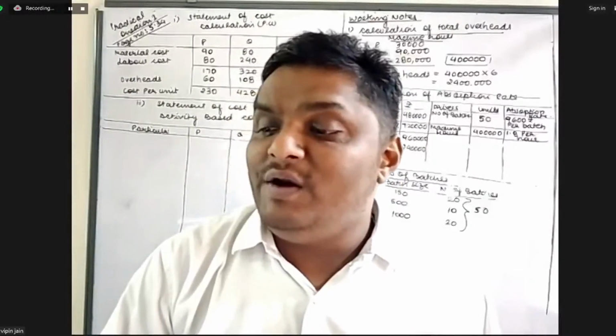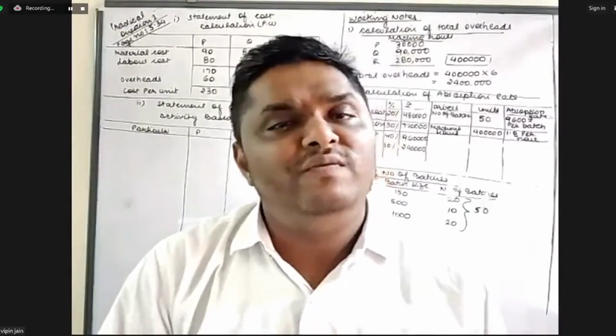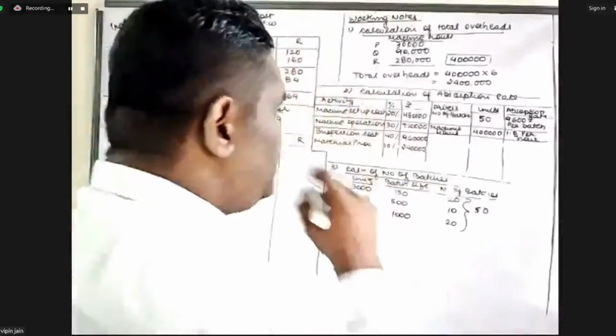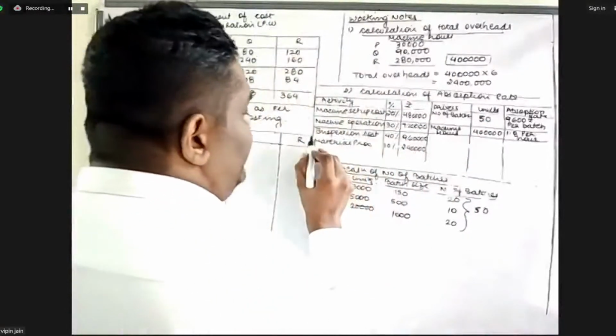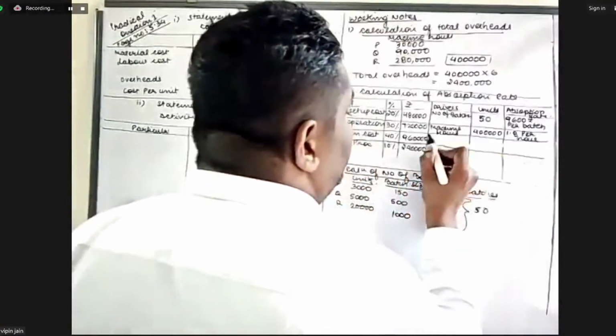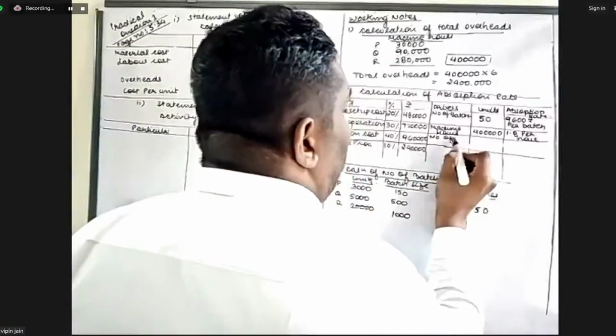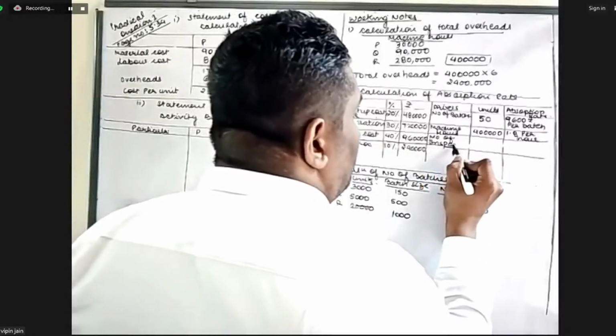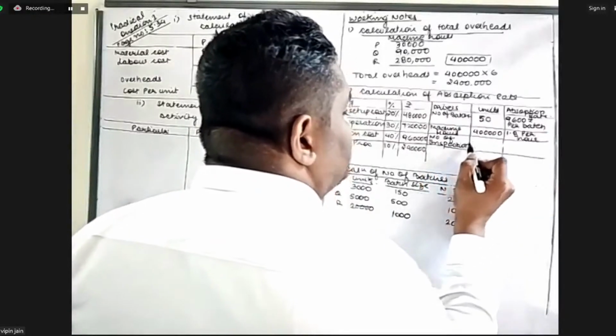However, in this case, the number of inspections is given per batch. So we can easily calculate the total number of inspections.